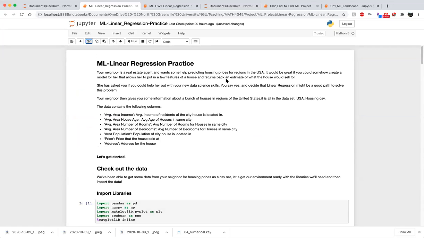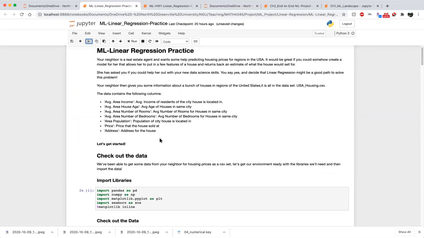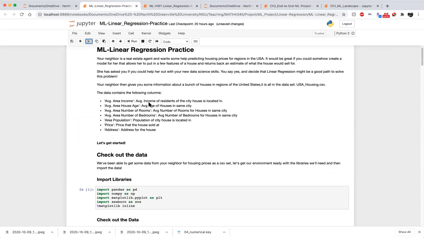Here we assume that we want to predict the housing price for a region in the USA. The data has the following columns: average area income, average area house age, number of rooms, number of bedrooms, population, price, and address.